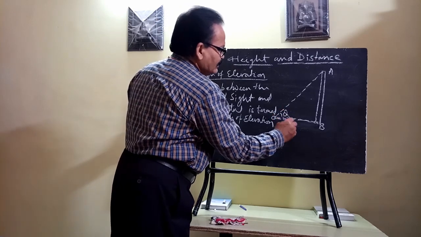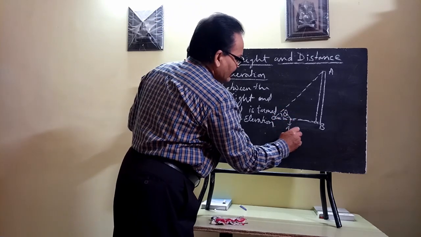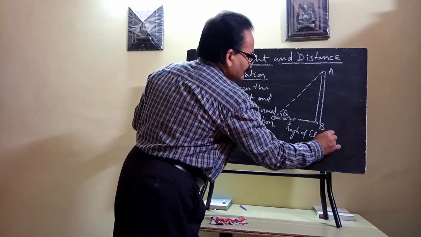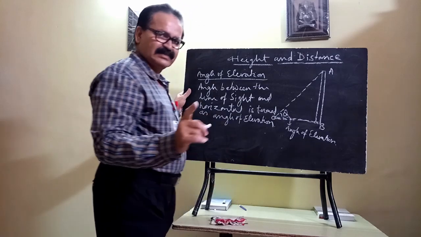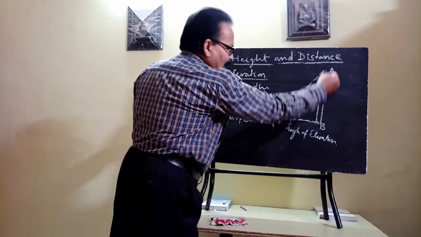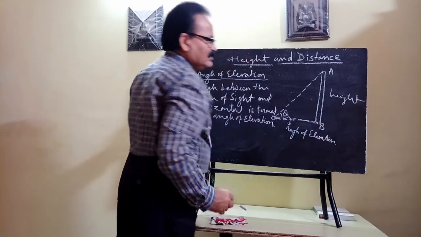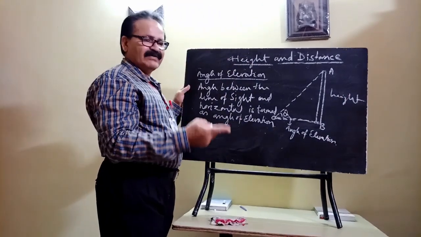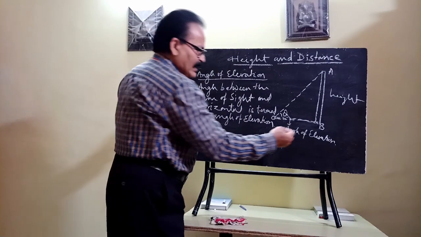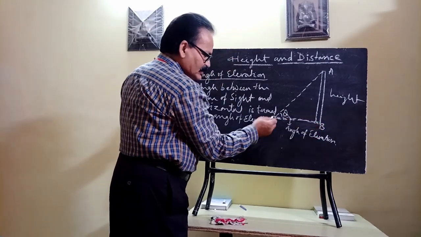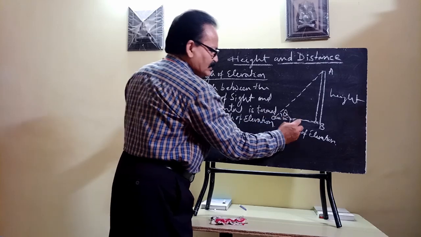Clear? And this is the height of your building or tower or lighthouse, and from the foot of the building or tower or lighthouse to the observer is your distance.